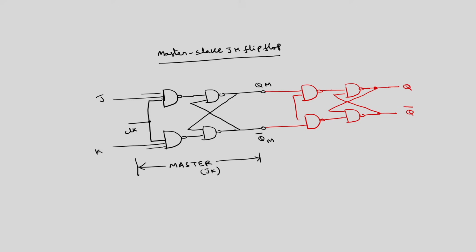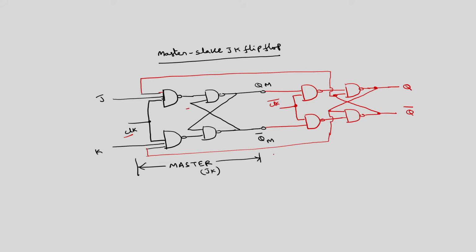And the clock for this one is inverted and then applied as clock bar. It is the same clock with a NOT gate. I am not showing the NOT gate directly, I am writing clock bar. Then the third input of this one is connected to this. If I connect this to here, then there is a problem with race around. Okay, I will connect this here. Similarly, this point we are going to connect as the third input to this master flip flop.